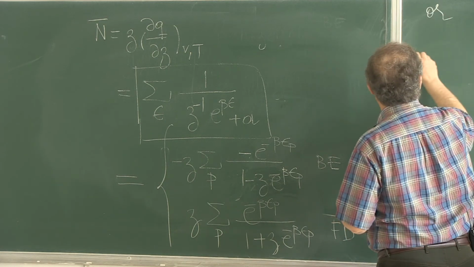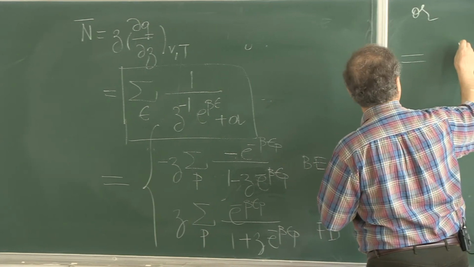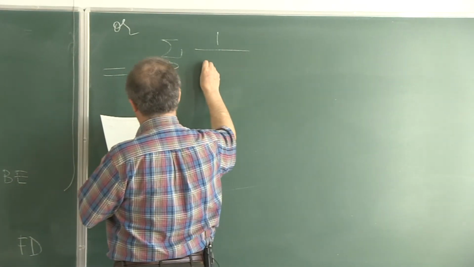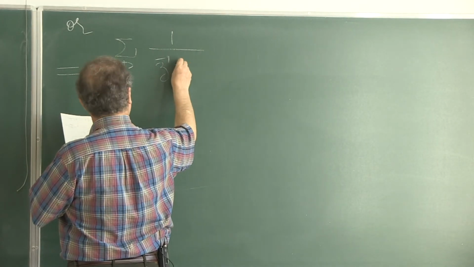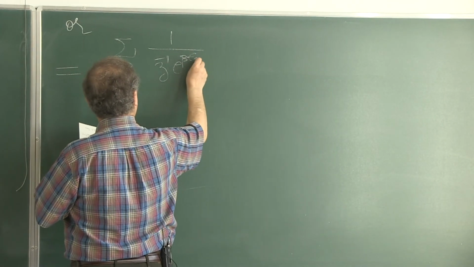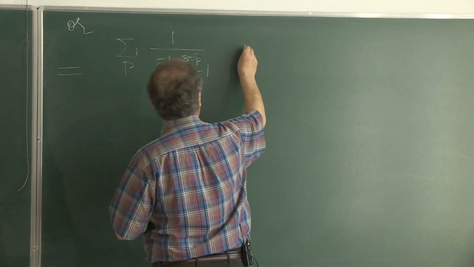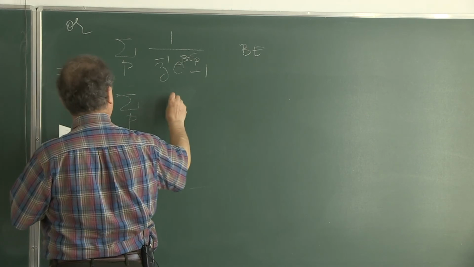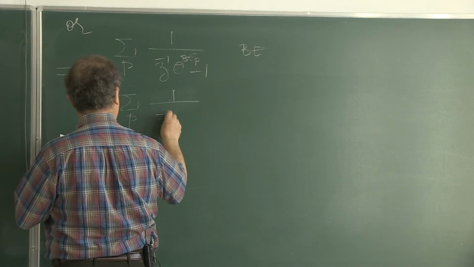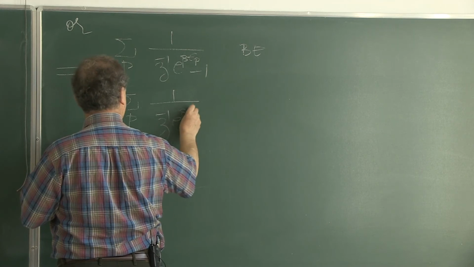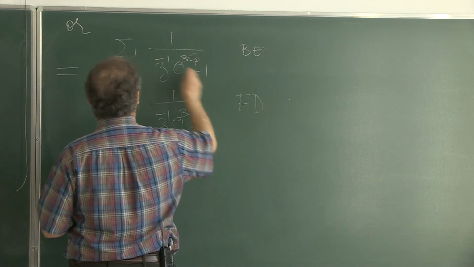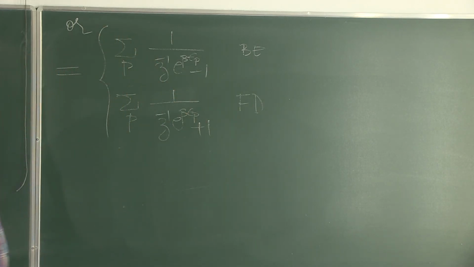Or writing explicitly the average distribution numbers in this form, Bose-Einstein plus Fermi-Dirac, sum over distribution functions.